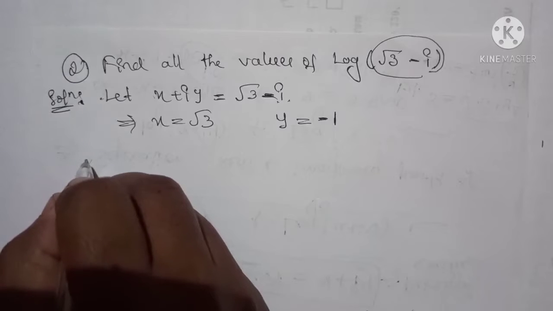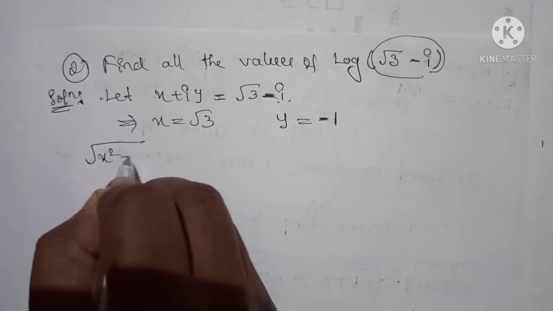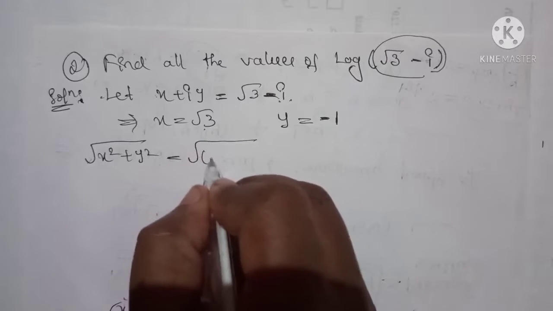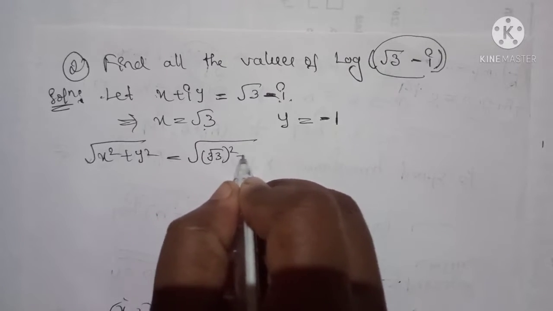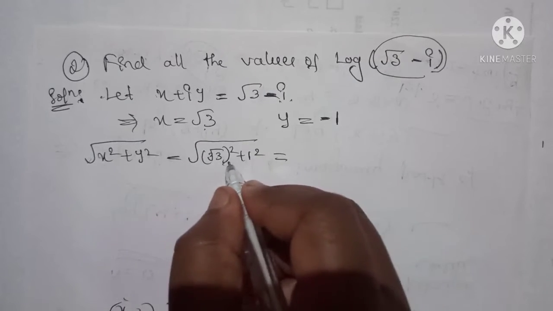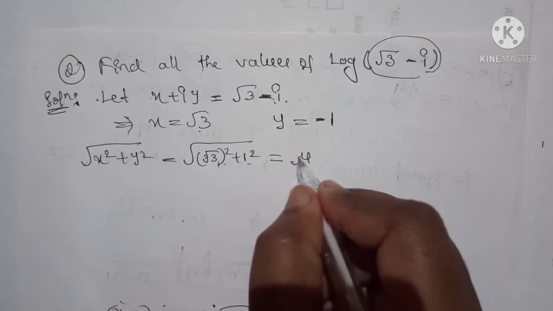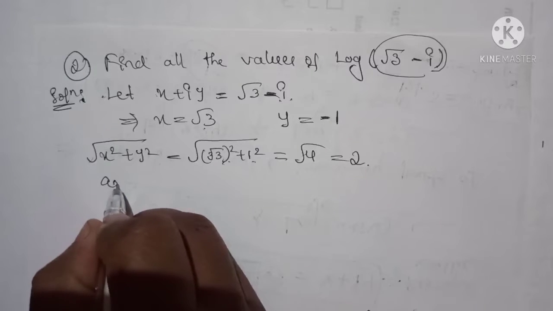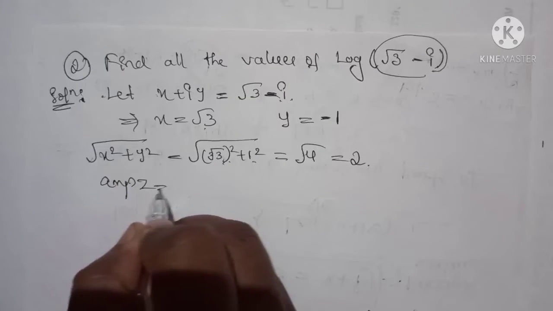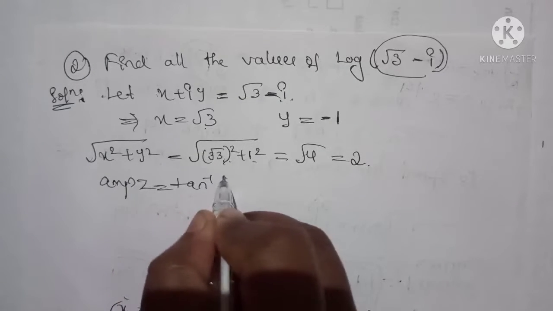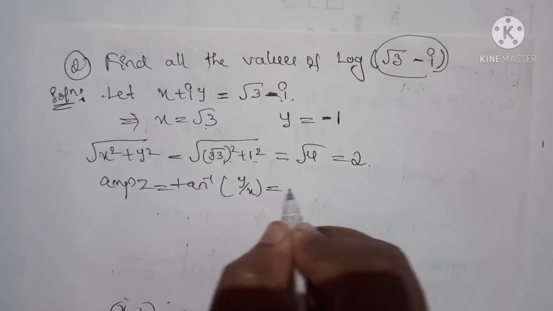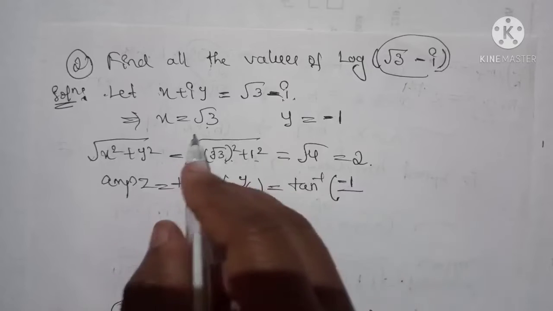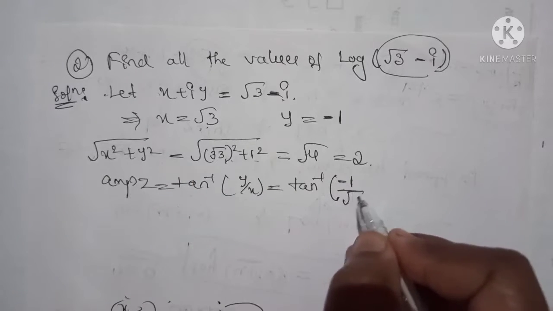Therefore we require the value of the square root of x square plus y square. So root 3 square plus 1 square equals 3 plus 1 equals 4, and the square root is 2. And the amplitude of z is tan inverse of y by x, which is tan inverse of minus 1 divided by root 3.